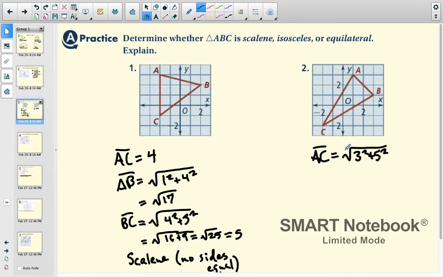And then we know that BC goes down 3 and then over 5 as well. So you don't even have to do all the simplifying. You can see that this is going to be 3 squared plus 5 squared. These two sides are going to be equal, so this one is an isosceles triangle, because two sides are equal.